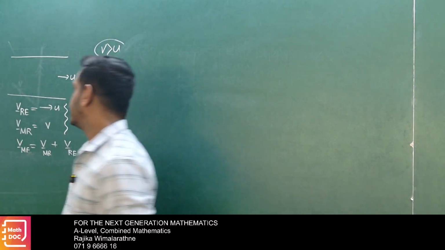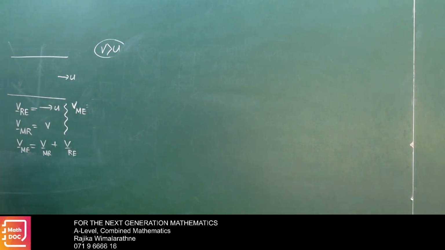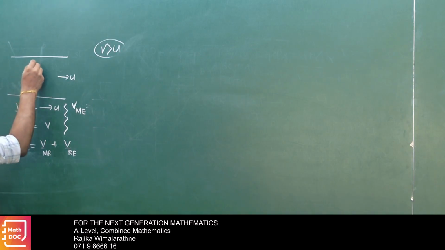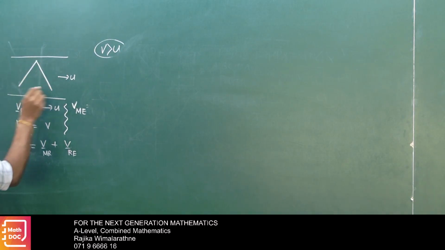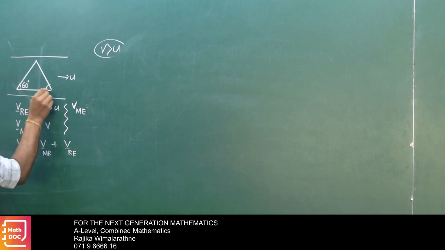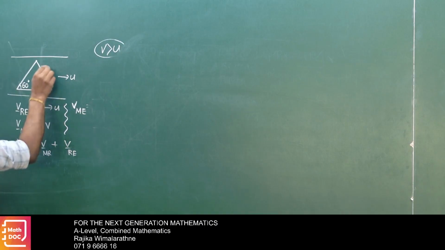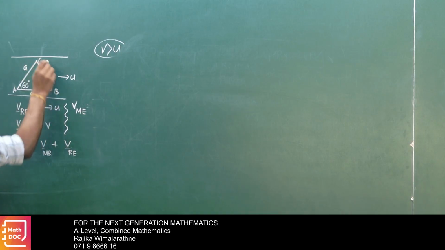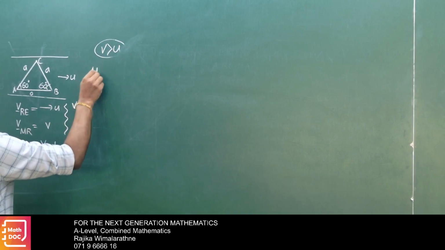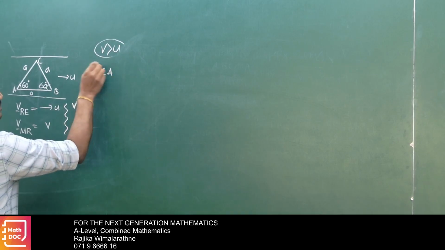Okay. Now here you consider this circuit. Here an equilateral triangle, side A: A, B, C. Here circuit A, B, C, A.